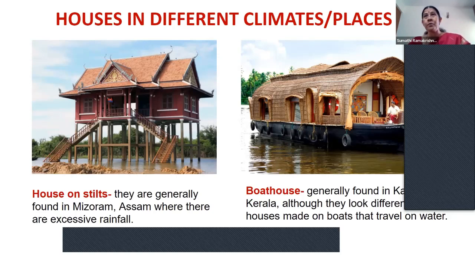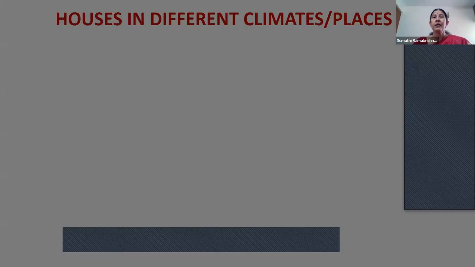So you can even tell that all the houseboats need not be the same. It might differ, like we have a small house, big house. The houseboat size also might differ. We use these houseboats to travel on water. So that you can tell them.